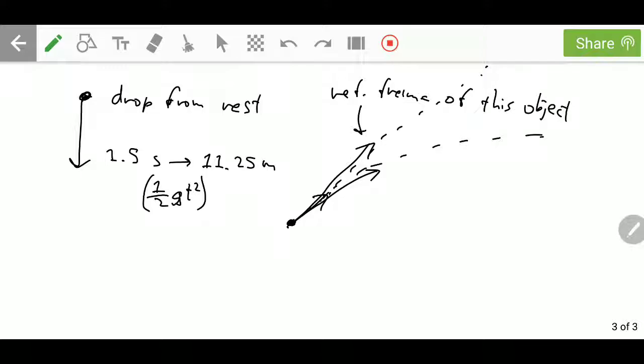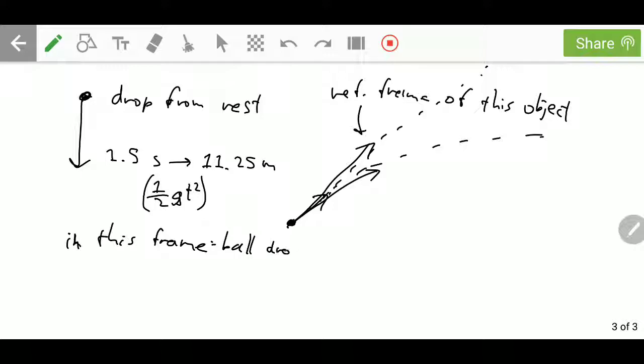what does that object see? Well, the ball does not move anywhere horizontally, because it's moving at the same horizontal velocity as the ball, and so in this frame, the ball will just drop vertically.